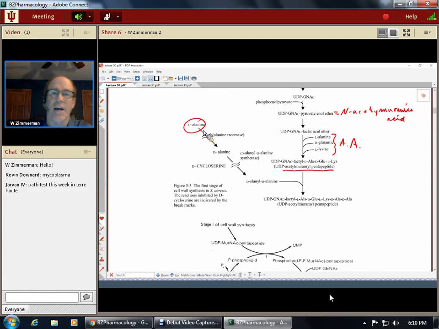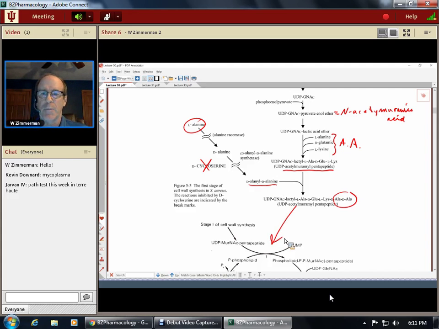Shown over here on the left is L-alanine and its conversion via racemase to D-alanine, and then a synthetase that forms D-alanine-D-alanine. Cycloserine, we don't care about. That's just not used. So it's nice that we form this D-alanine, and certainly that sticks on the end here, and we'll see down below why that's important.